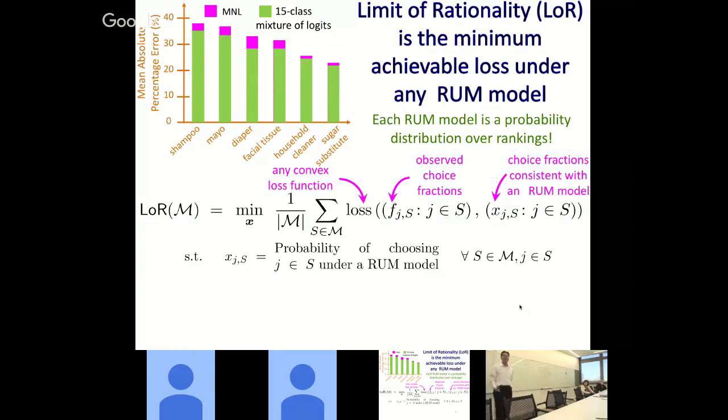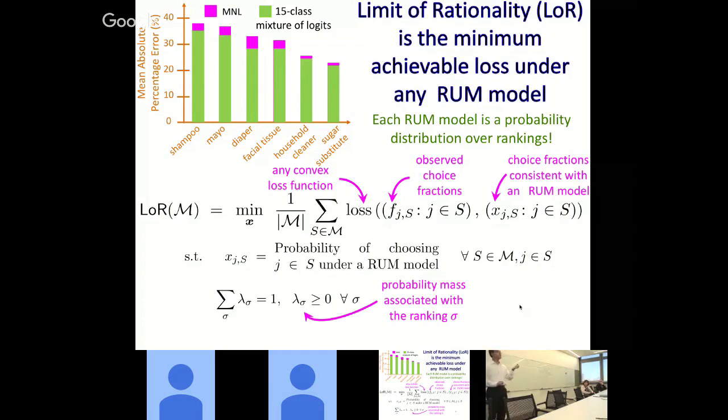So to make this a precise mathematical object that we want to study, I can introduce an auxiliary variable lambda sub sigma, one variable for each ranking sigma. It is non-negative, and it sums to 1. So this is a bona fide probability mass function over the set of rankings. Then we can replace this fuzzy constraint on x_jS by a precise mathematical statement.